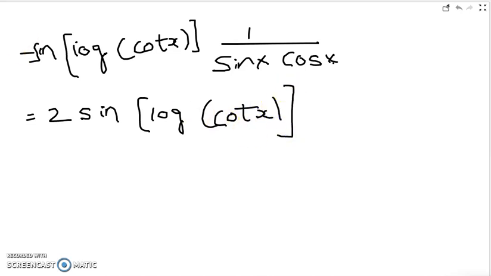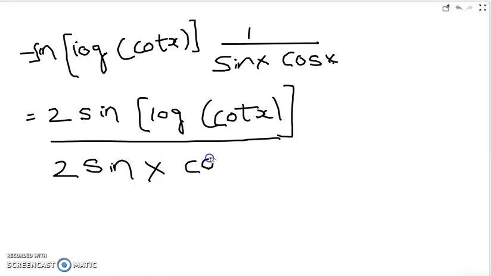I think you all got how this 2 came: we are just multiplying and dividing by 2, up and down. Why are we multiplying? In order to get the formula.